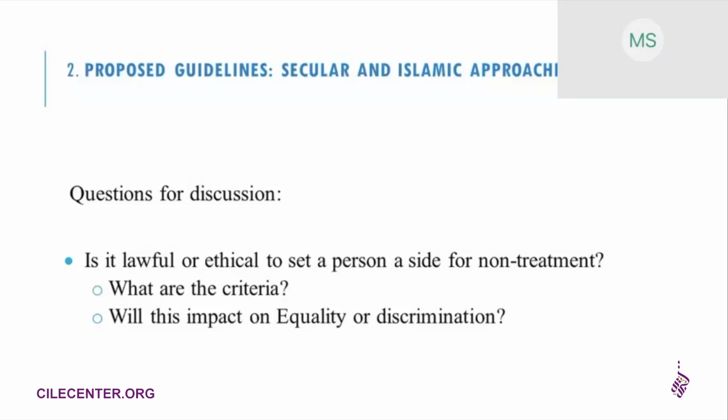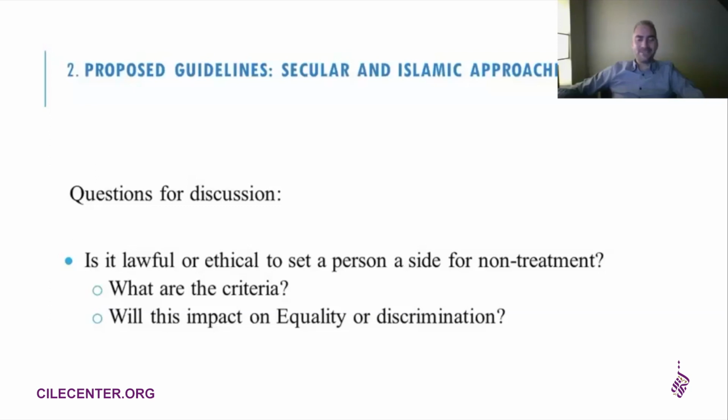What is quality of life? At the end, we need to measure it, to prevent abusing this criteria, because some doctors will come and say, okay, disabled people have low quality of life, then we can keep them aside. Or people with Down syndrome, or any people with a specific type of disability.